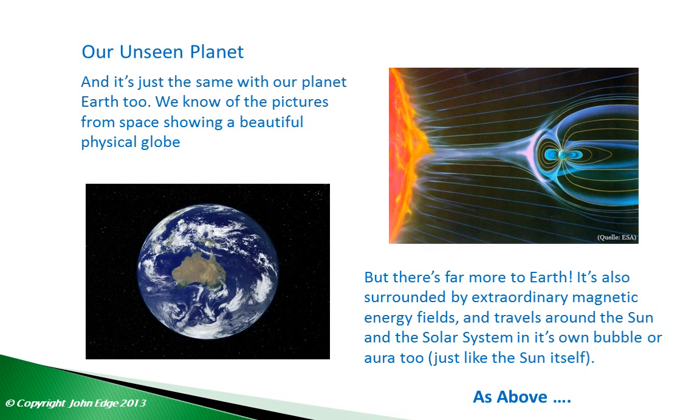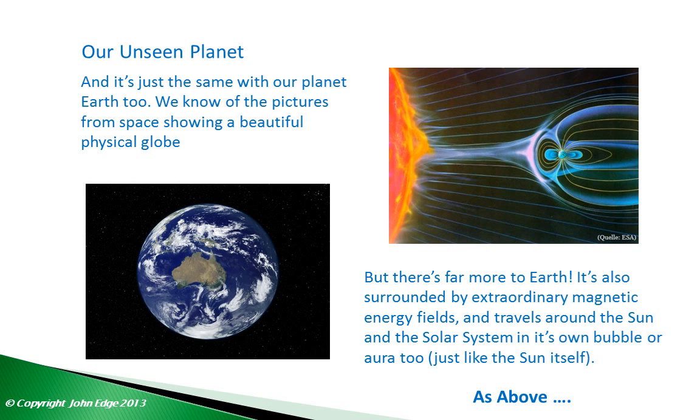But amazingly, it's just the same with our planet, with our unseen planet. Now, we all know the pictures from space, don't we, showing a beautiful physical globe, and here's a somewhat unusual one showing a picture of Australia, which is a very interesting country as well, but that's another fascinating story. But you see, there's far more to Earth too.